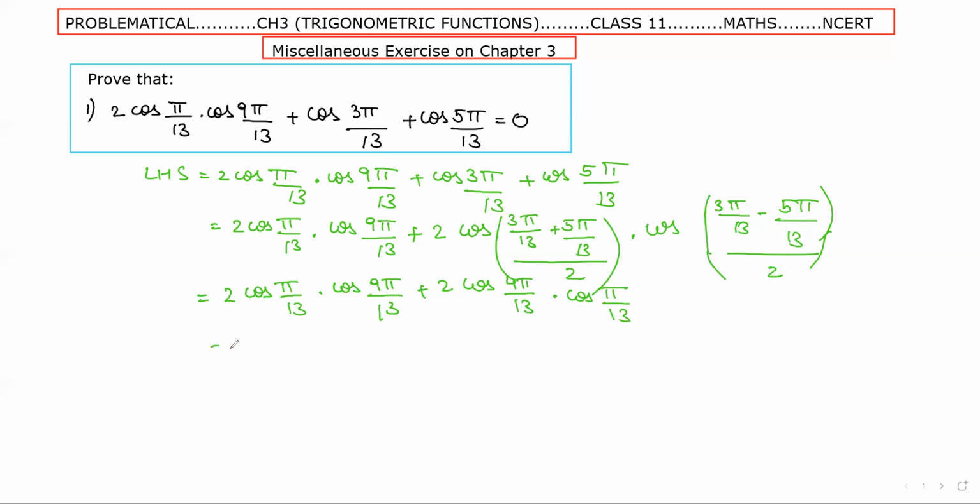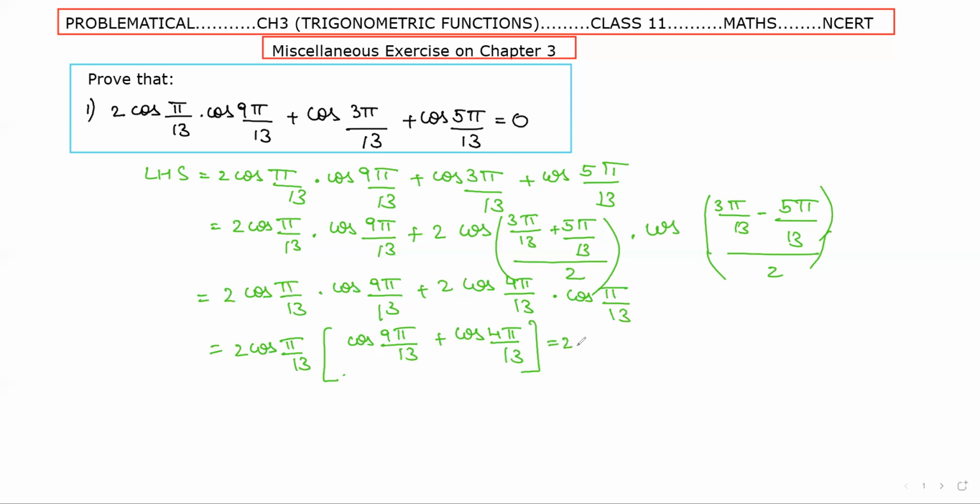We take 2 cos pi by 13 common. We're left with cos 9 pi by 13 plus cos 4 pi by 13. Again, in the bracket, we can apply the cos A plus cos B formula.